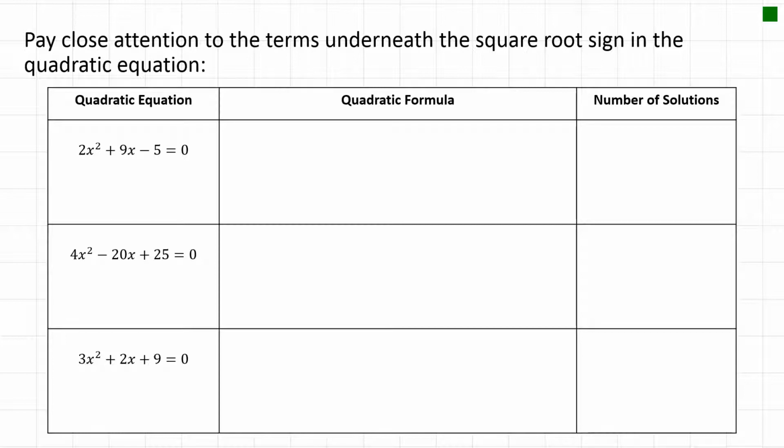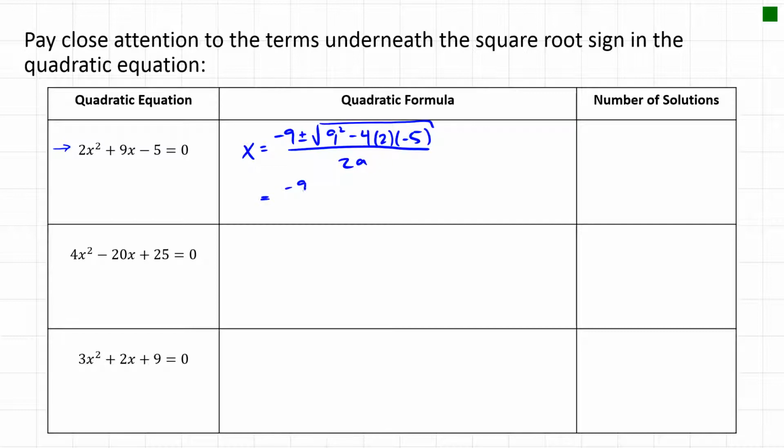For example, if we were to plug the values for 2x squared plus 9x minus 5 into the quadratic formula, we would get x is equal to negative b, so it'd be negative 9, plus or minus the square root of 9 squared minus 4 times a times c, all divided by 2a.